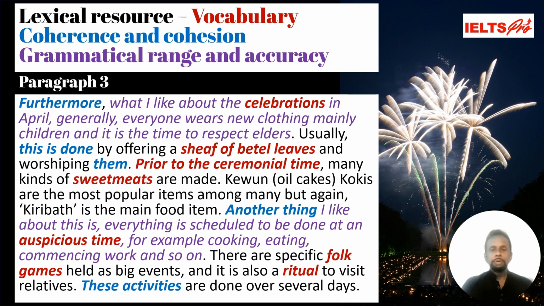Vocabulary: celebrations, sheaf of betel leaves, prior to the ceremonial time, sweetmeats, auspicious time, folk games, ritual, then the coherence and cohesion: furthermore, this is done, them, another thing, these activities. Grammatical range and accuracy, as usual, is in maroon.